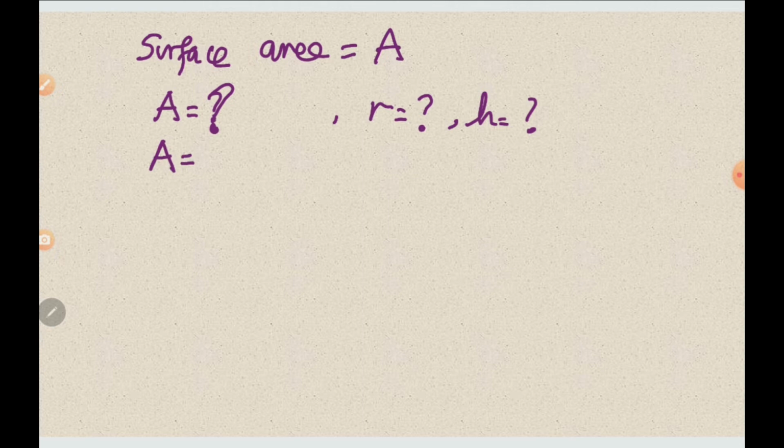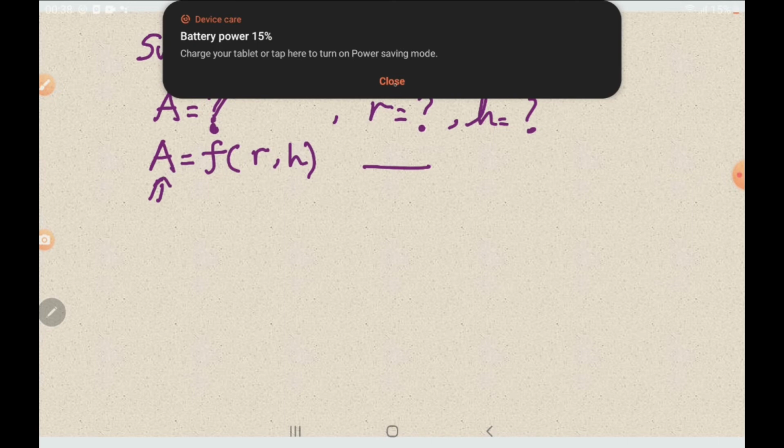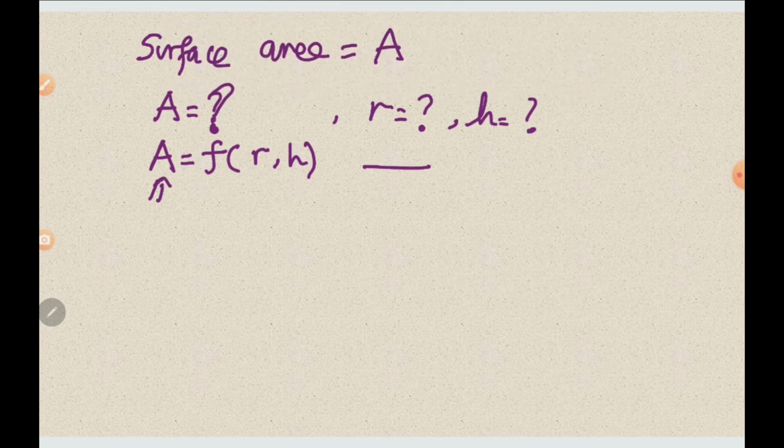So you must first write A in terms of r and h. You have to write A as the subject in terms of r and h. This is the function that you want to optimize. Okay, so you have to imagine, you have to draw the diagram.